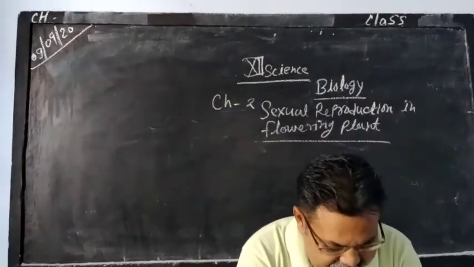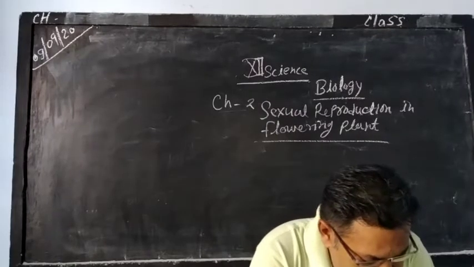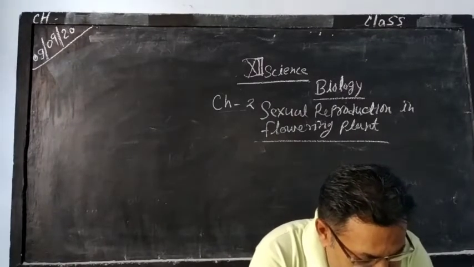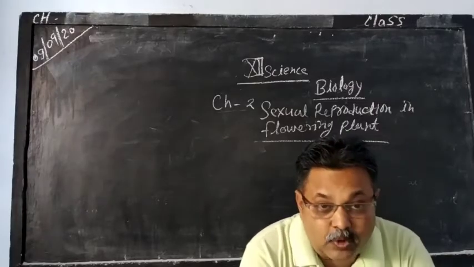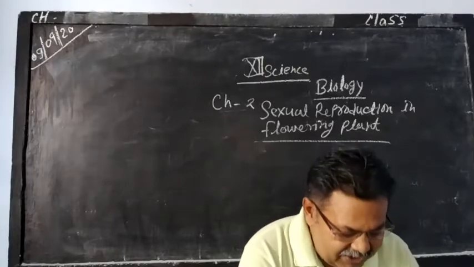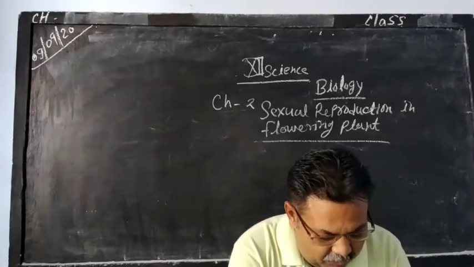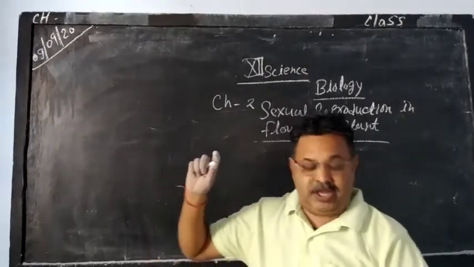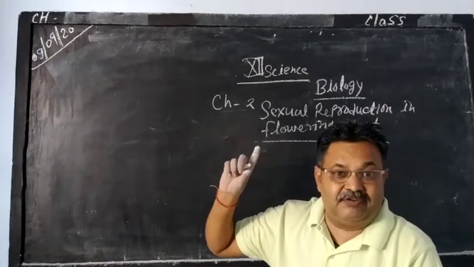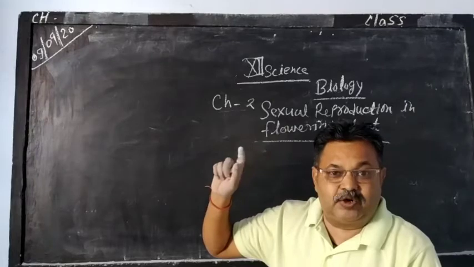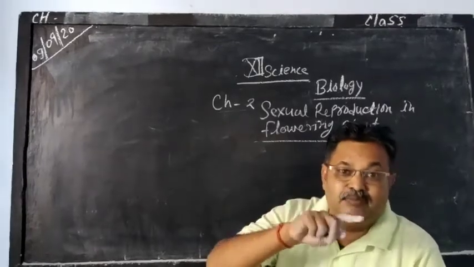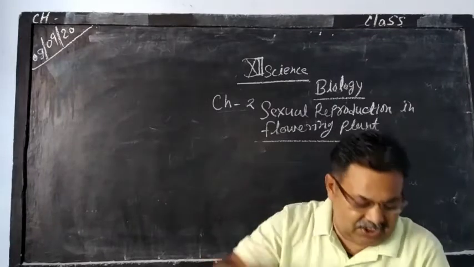This is the major difference between them. Another difference is the position of cotyledon. In monocot, the cotyledon is found in the lateral part or sidewise, but in dicot the two cotyledons are found on the embryonic axis.